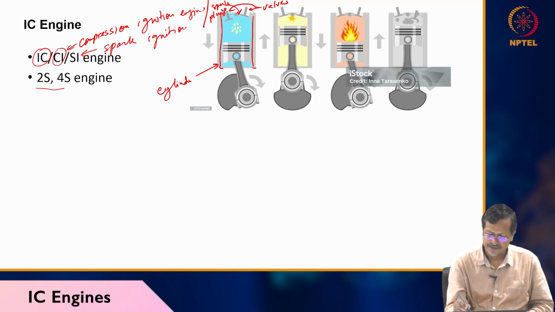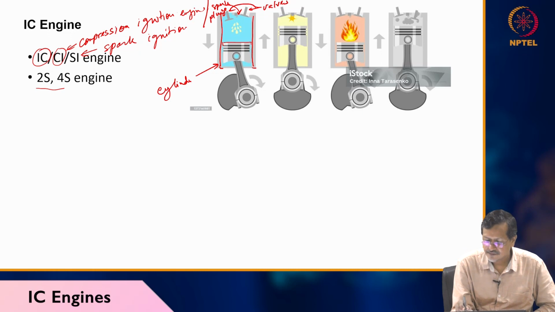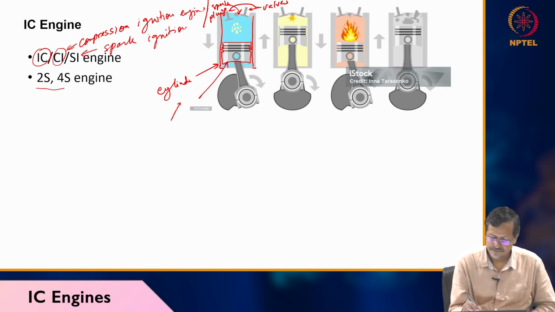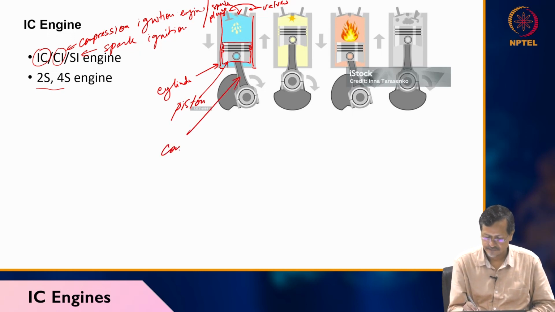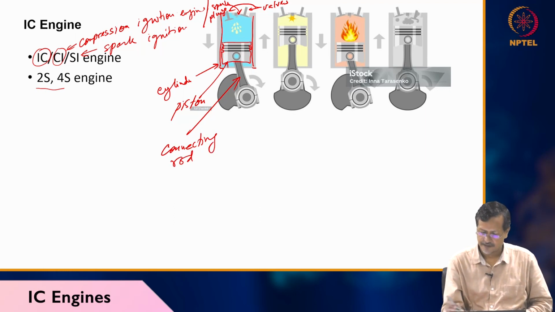And this is called the piston. This is called the connecting rod. There will be one crank actually. You cannot see the crank part here, so the crank will be here.